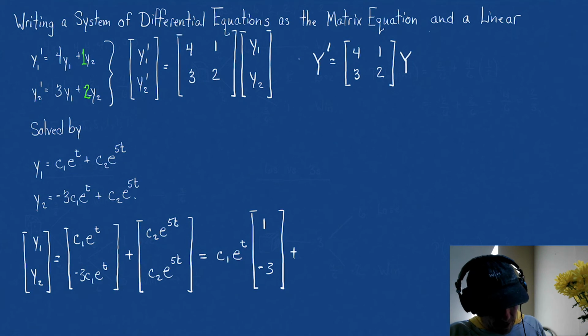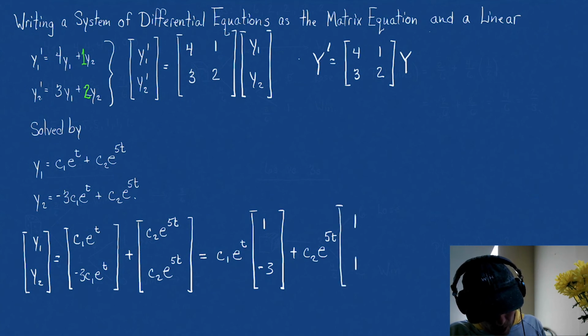Plus, my greatest common factor in the second vector, the scalar, would be c2 e to the 5t. And then my vector is 1, 1.